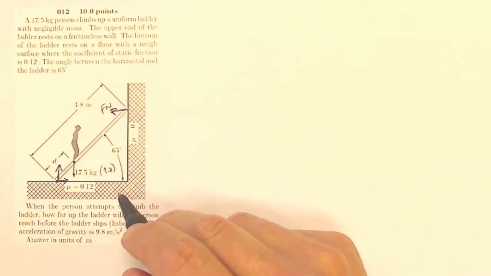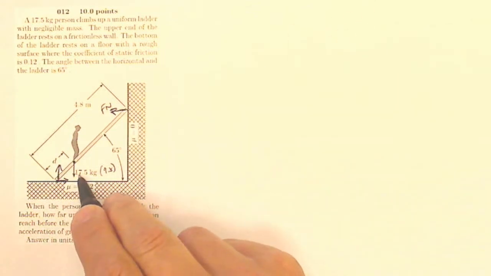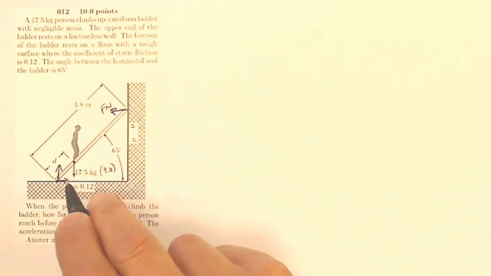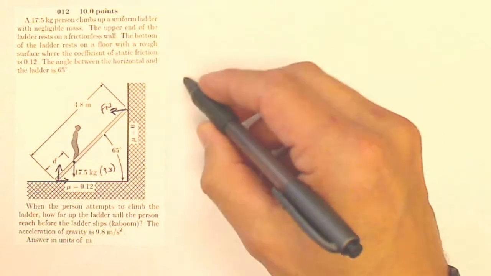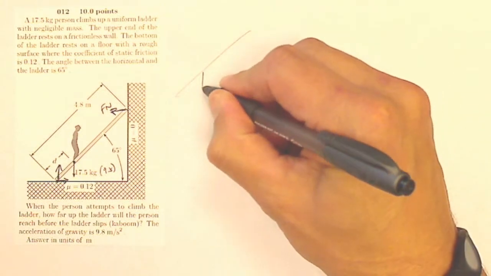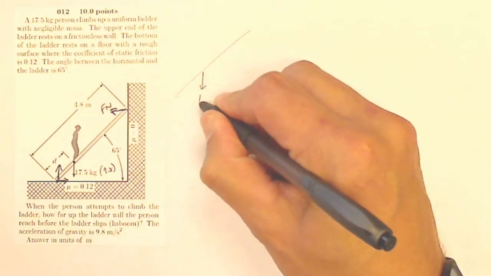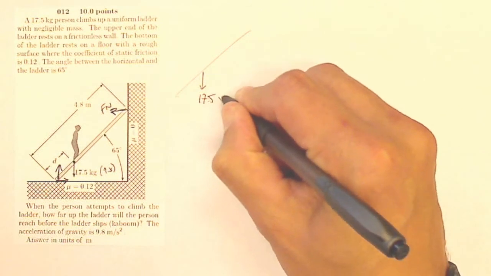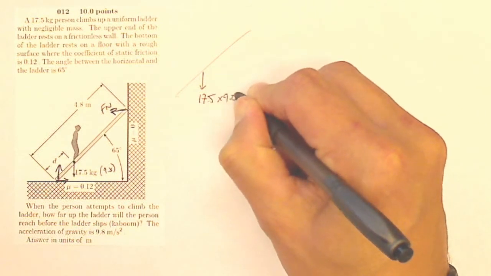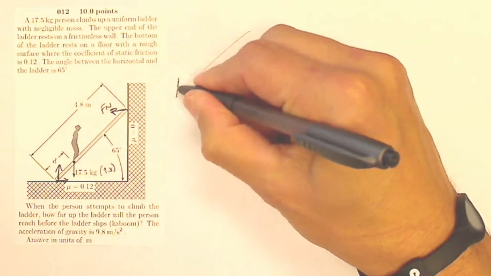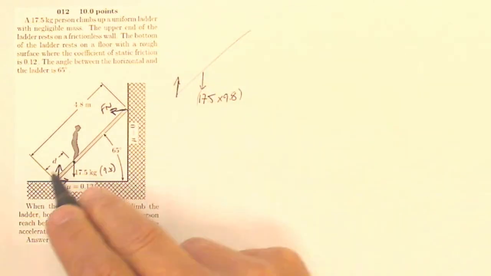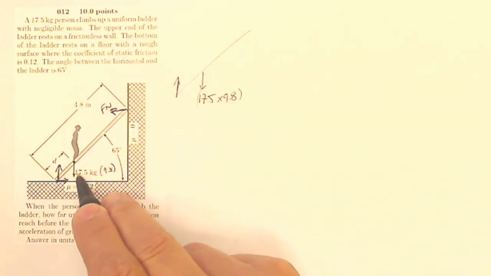I could figure out what most of these forces are. This one is easy, 17.5 times 9.8. This is the only upward force. So this one is down, this one must be up. So for the person, this force is going to be 17.5 times 9.8. This normal force up is the only other upward force, so my upward force must equal my downward force.